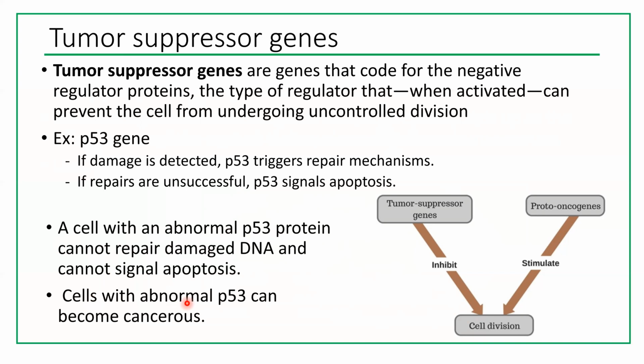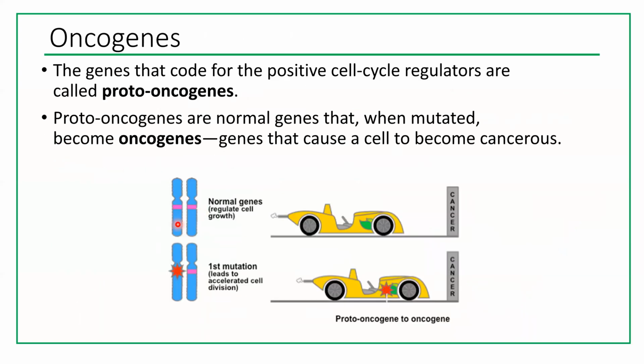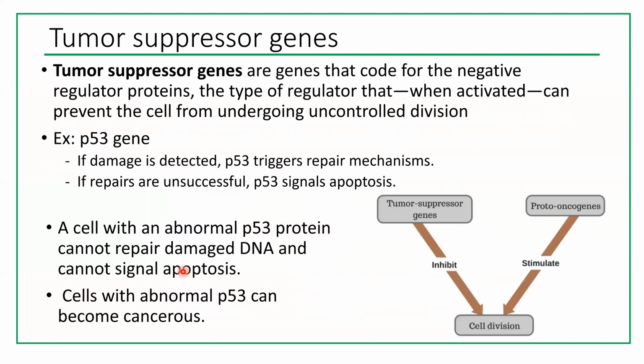So cells with abnormal p53 can become cancerous. So now if a mutation happened in p53 and the previous mutation happened in a proto-oncogene, then the chances of having cancer go up, right?